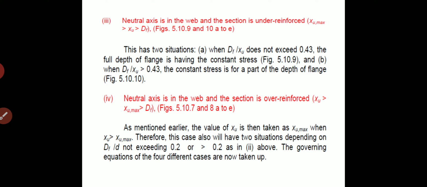The value of Xu is then taken as Xu max when Xu is greater than Xu max. Therefore, this case also has two situations depending on depth of flange divided by effective depth: not exceeding 0.2 or greater than 0.2.